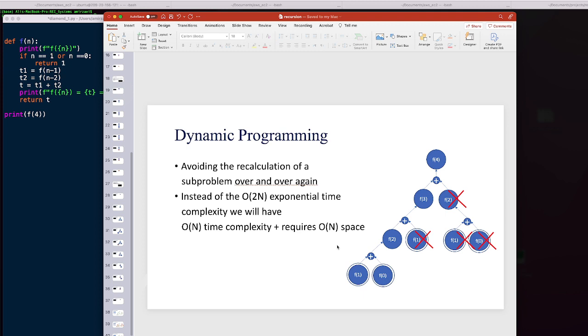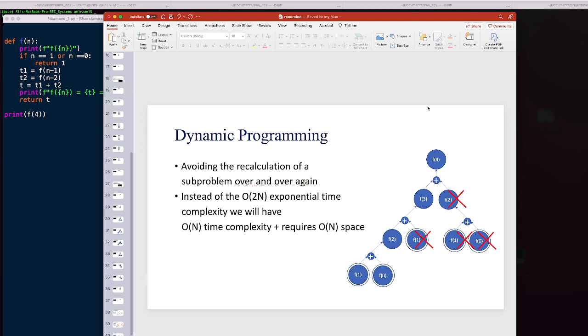This is time complexity. For now, consider it as showing how many nodes there are in this Fibonacci. It is 2 to the power of n. For example, if n is 4, imagine we have 2 to the power of 4 nodes here, right? 2 to the power of 4 is 16. But if we use dynamic programming, we have only 4 nodes here. Those are Fibonacci of 4, Fibonacci of 3, 2, 1, 0.